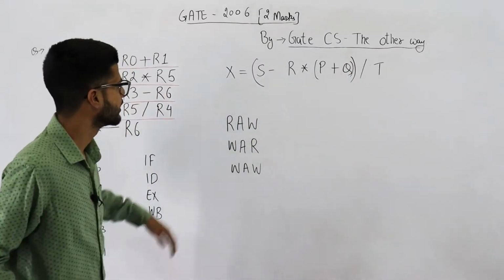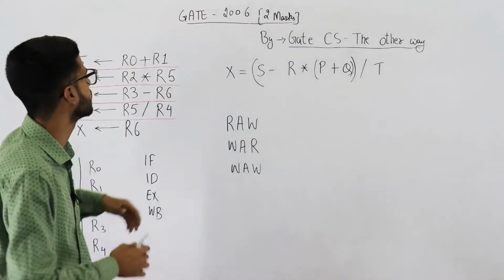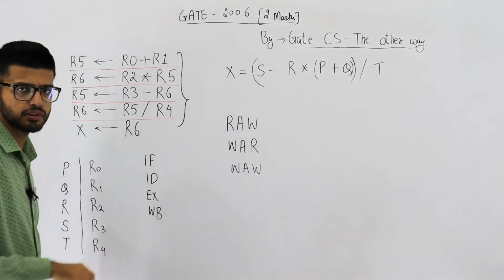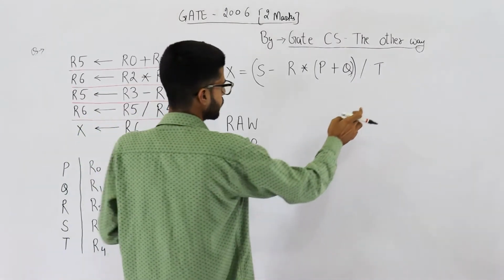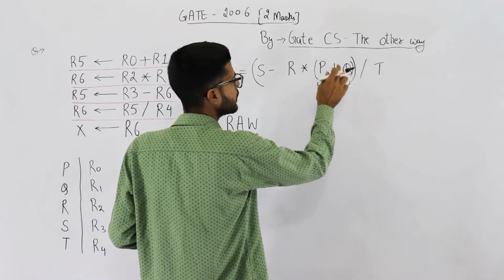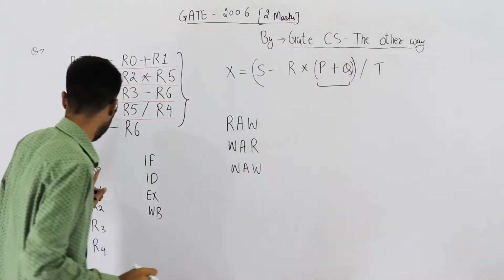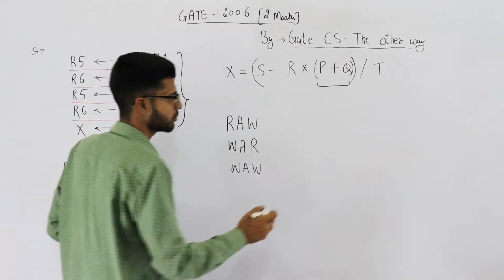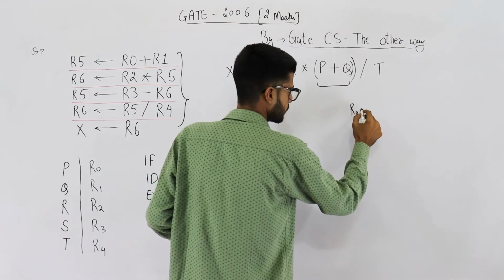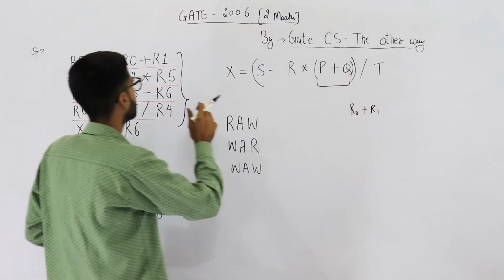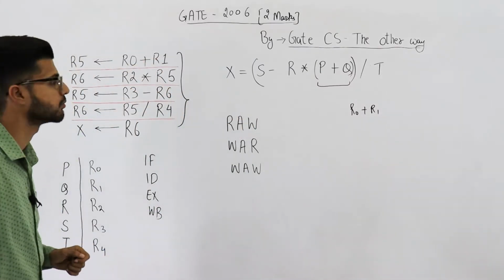They are saying this expression is translated into this machine code. Let's verify. First of all, to solve this expression, you are going to solve this bracket, that is P plus Q. Now you can see P and Q are saved in R0 and R1. That means R0 plus R1 is this much part, and that is the first instruction in the machine code.